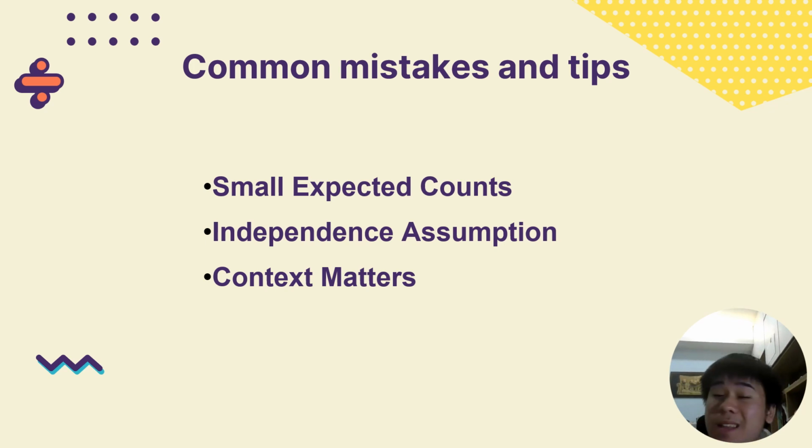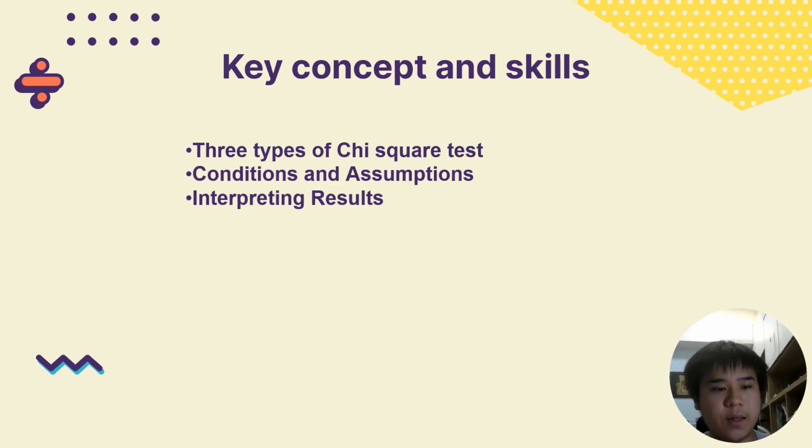That's the key, as I said in the beginning. You should always be able to interpret the result of the chi-square test in the context of the data and the research question. Also, you should be able to decide when to use goodness of fit, when to use homogeneity, and when to use independence.